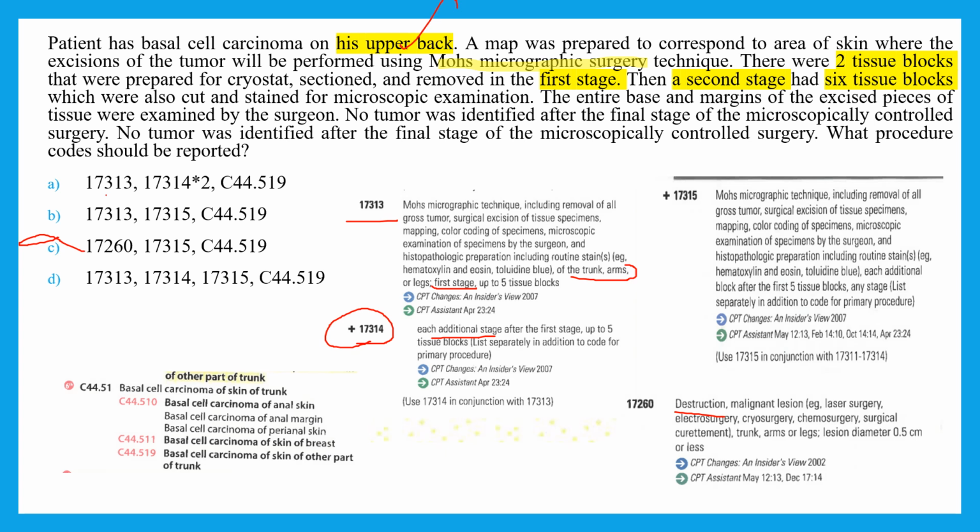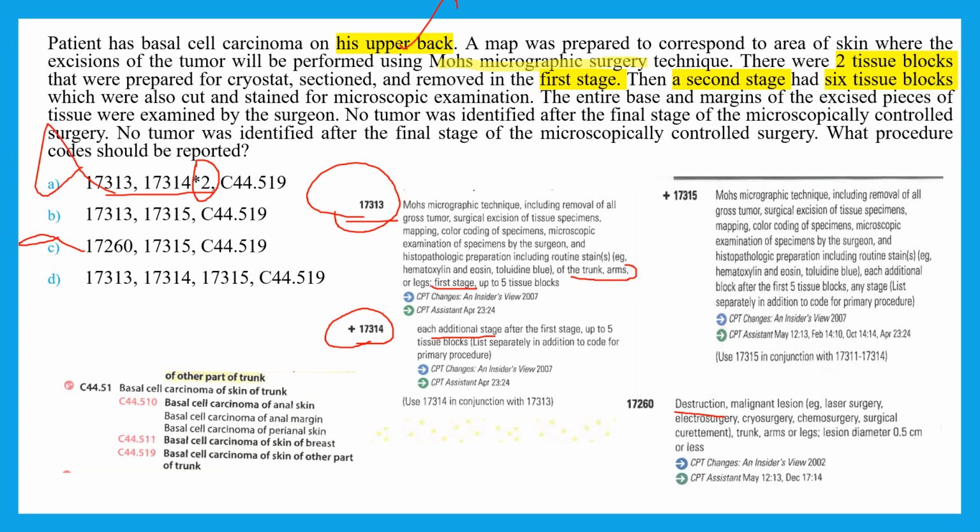See here, 17313 and 17314 is there, but 17314 has been given 2 times. If you have 3 stages, then you need to add 17314 two times, but you have only 2 stages, right? For the first stage we already put 17313. For the second stage we put 17314 one time only. Here it has been given 2 times, so option A is wrong.